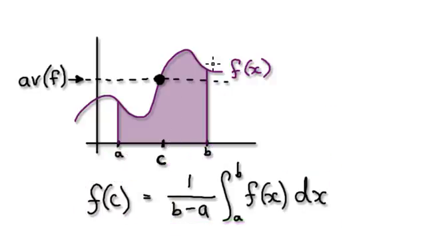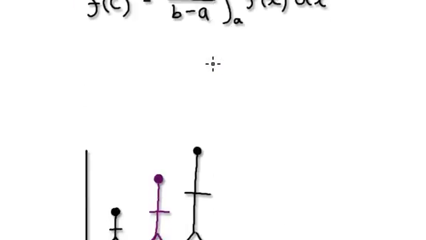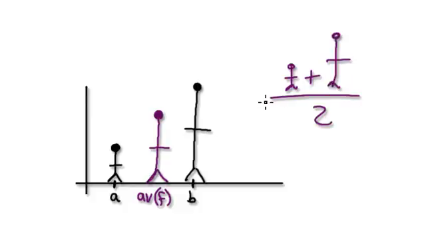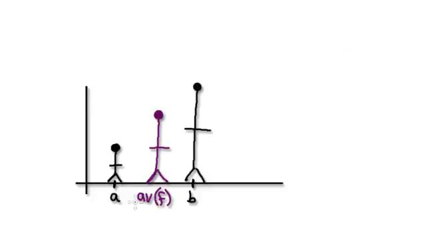Okay, so you can imagine this as being like you've got a short person here and a tall person. If you get the height of the short person and then add it to the height of the tall person and then divide it by 2, that will give you the average height. Well, somewhere in between A and B, there exists a place where our average height lies.